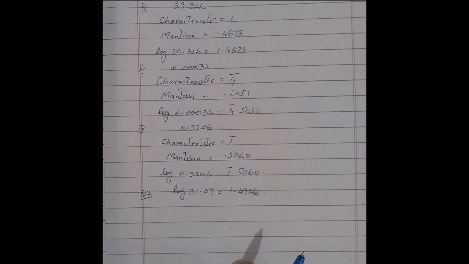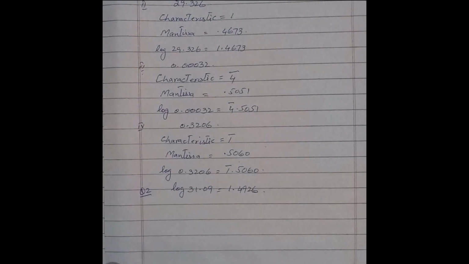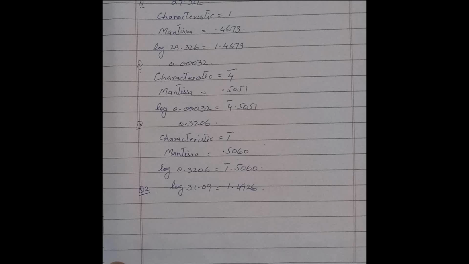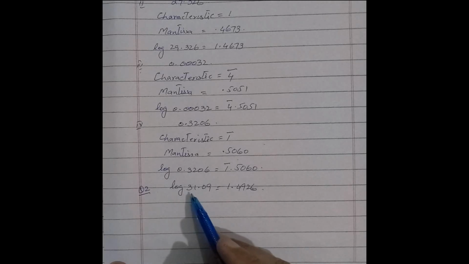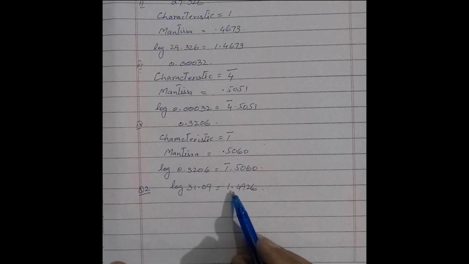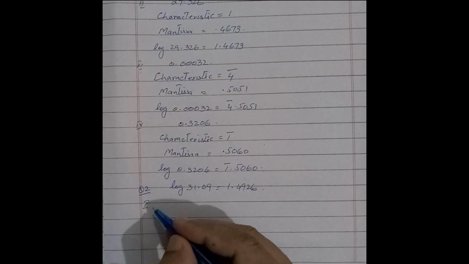And we know that when we take the log of any value, the number before the decimal, which is 31, two digits, gives the characteristic 1, and the mantissa of the whole number 31.09 is 0.4926, and hence the value of log 31.09 is equal to 1.4926.